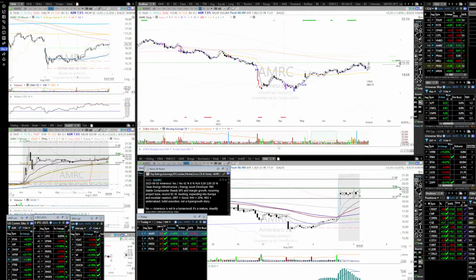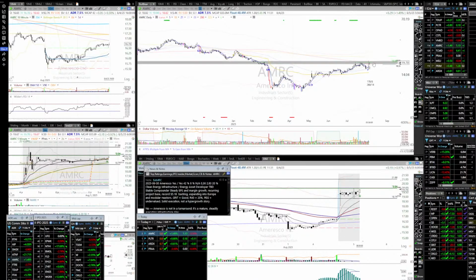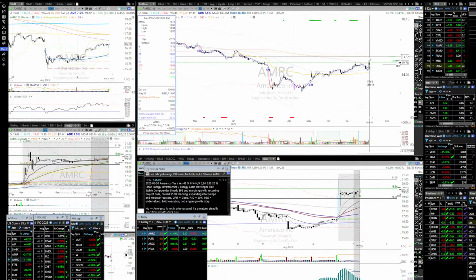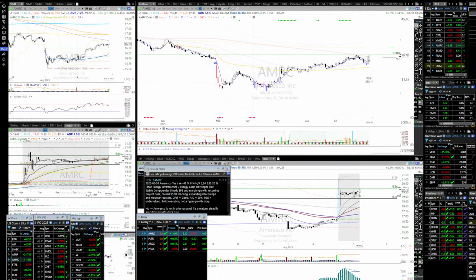Okay. Still like it for a trade because of the structure. We do have a longer term moving average here, and let me see a potential target here.